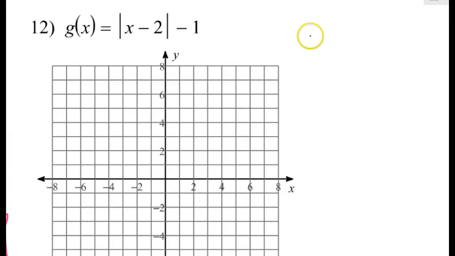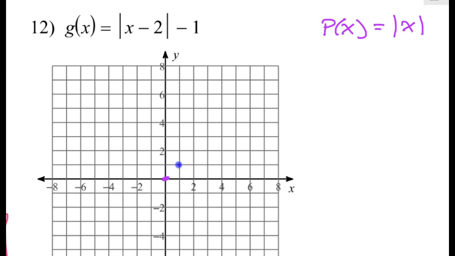Alright, problem number 12. I don't need a table of values for this. This one is very straightforward. But first of all, the parent function, which I will call p of x, is just the absolute value of x. So that function looks like this. Absolute value of 0 is 0.